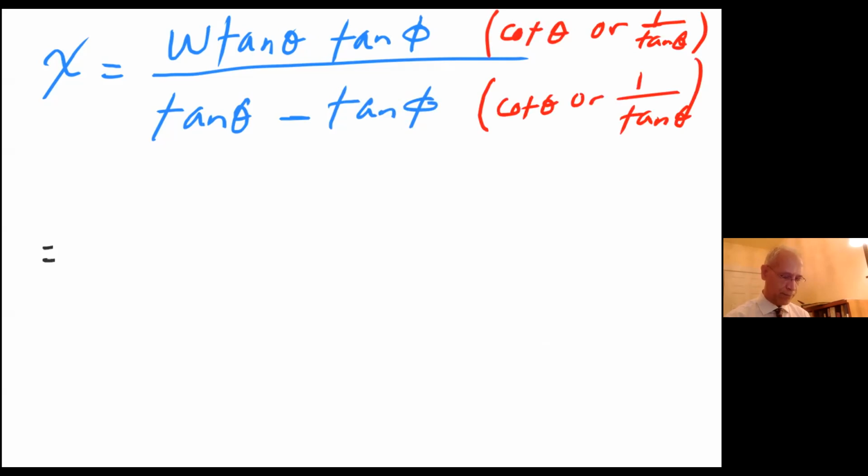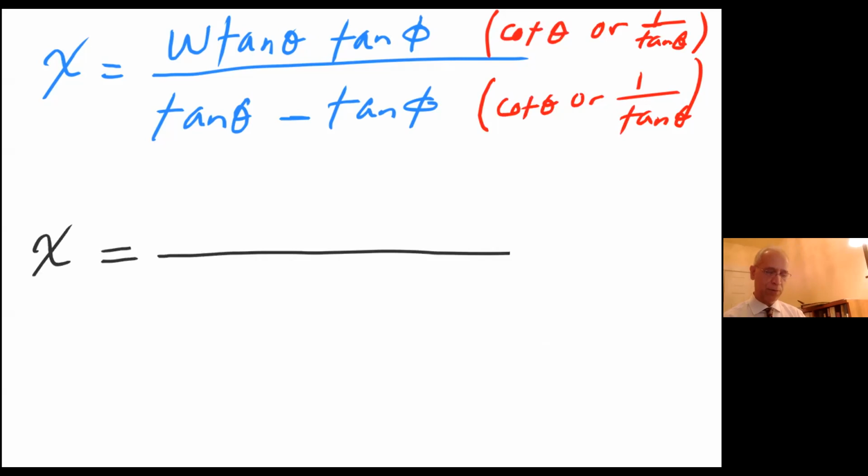So let me write down x equals. On the numerator, the 1 over tangent of theta cancels tangent of theta, so I'm left with w tangent of phi.